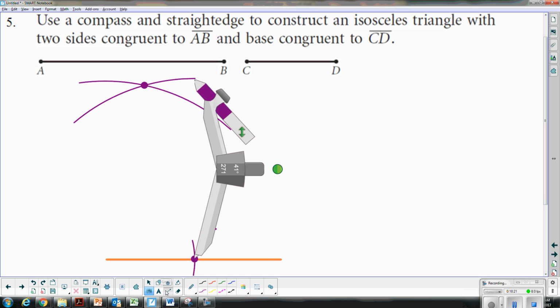So now I can use my straight edge to connect my endpoint here, and do the same thing again. Connect my endpoint here, here. So these two are congruent. They are both the same distance as AB, and the base is a duplicate segment of CD.